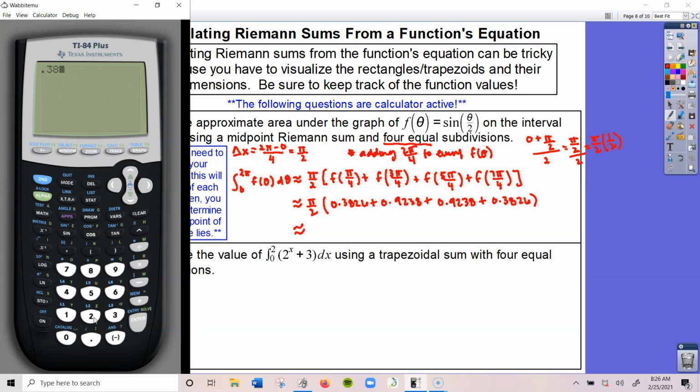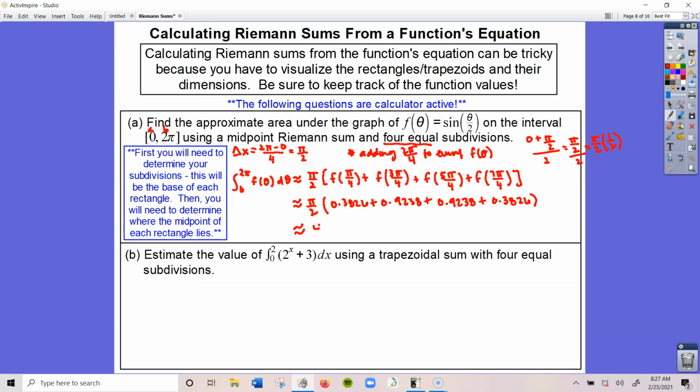So 0.3826 plus 0.9238 plus 0.9238 plus 0.3826, which gives me 2.6128, and now I'm going to multiply by pi divided by 2, which gives me 4.1041. And that is my approximate area.